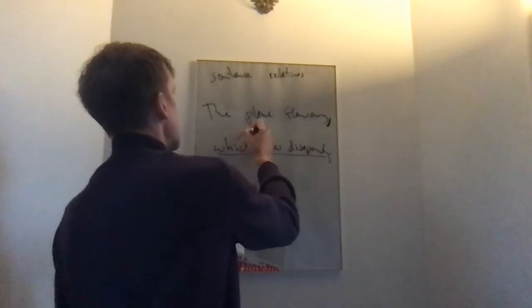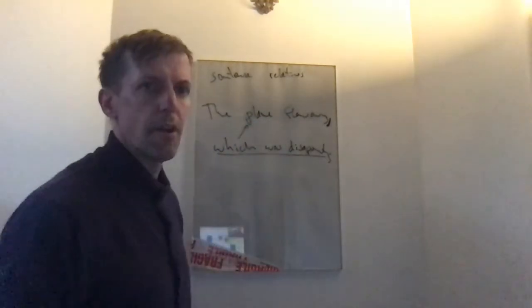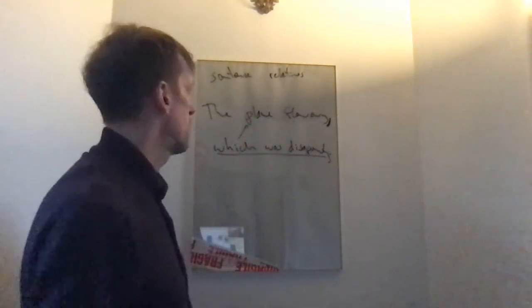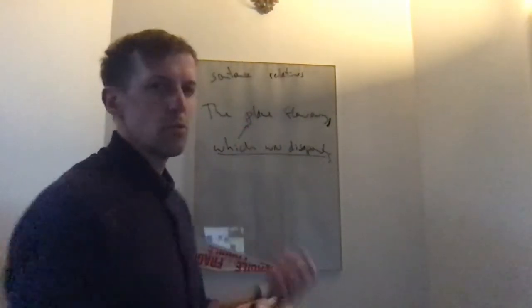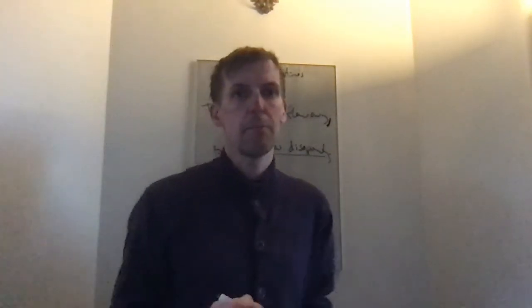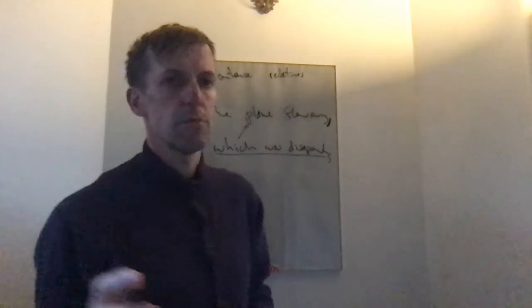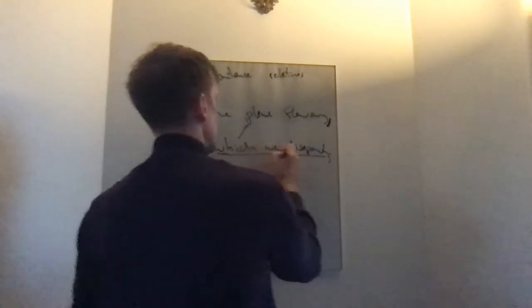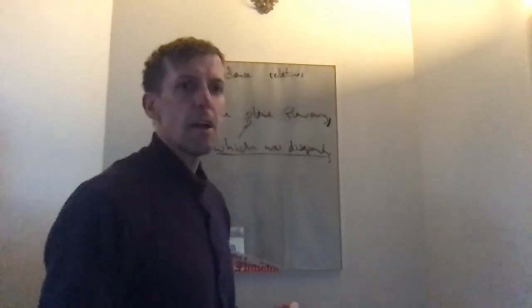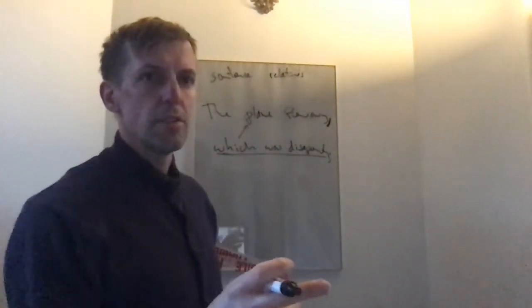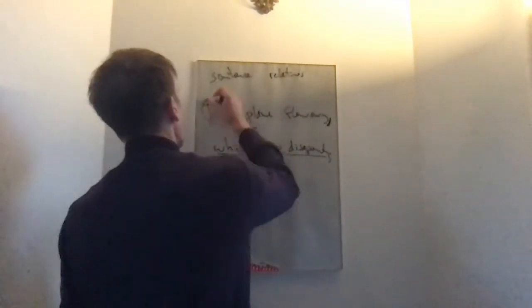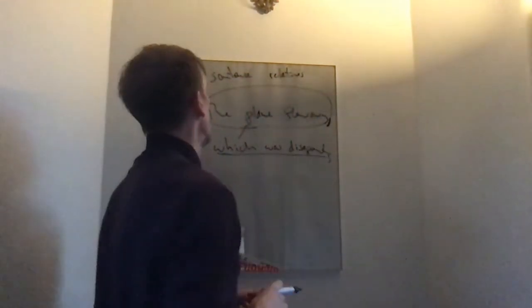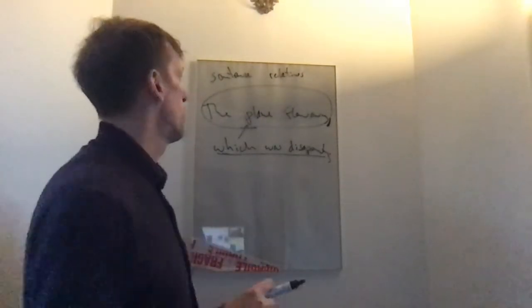We can't really say that the plane is disappointing, right? That is not the scope, which does not replace the word plane, which is what would happen in a typical relative, when a relative is a post modifier. But here, this clause, which was disappointing, is a commentary on not just the noun phrase, but on the whole preceding clause. And we're saying something about the fact that the plane flew away.